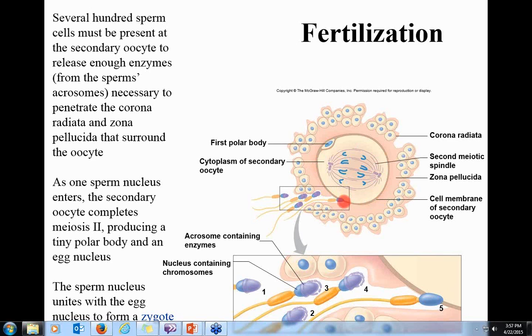And remember, only one sperm enters, and then the secondary oocyte undergoes meiosis II. And then you have a tiny polar body, which is reabsorbed by the female. And then you have an egg nucleus. And then the egg nucleus and the sperm nucleus unite, forming a zygote.